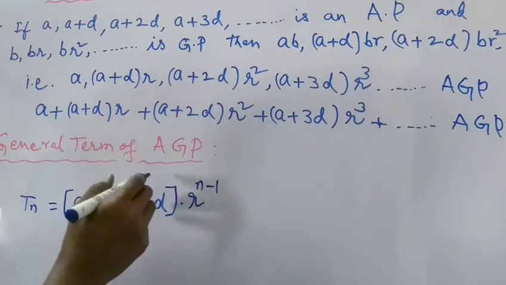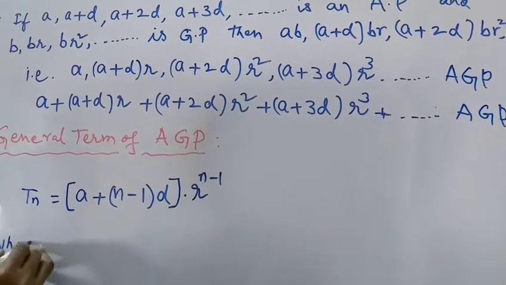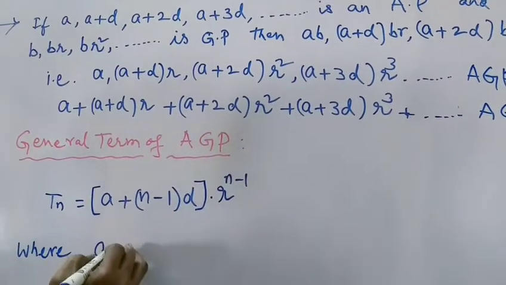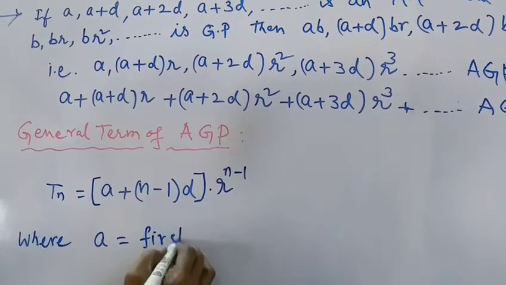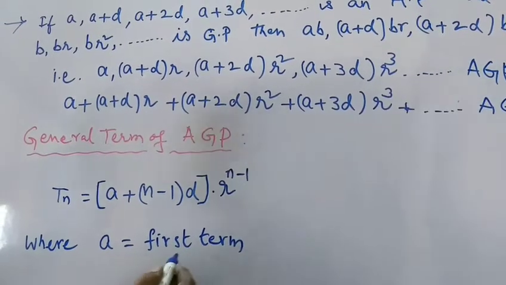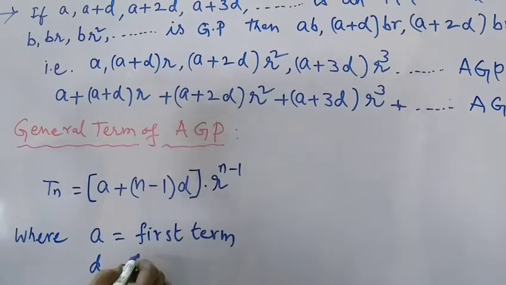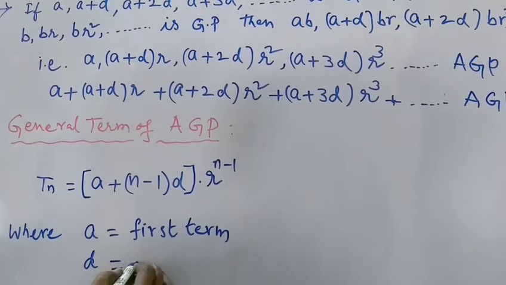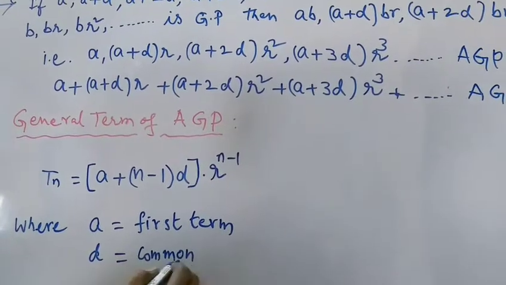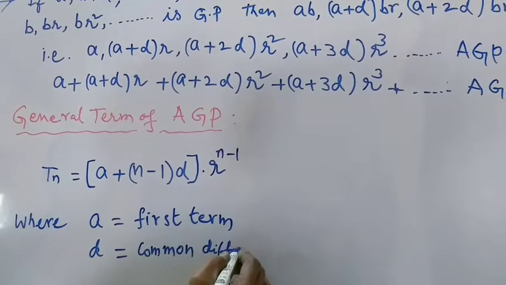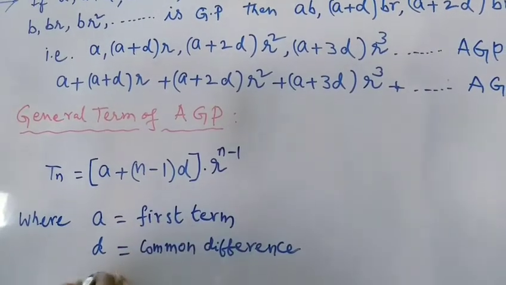This is the general term of an arithmetico-geometric progression, where a is the first term, d is the common difference, and r is the common ratio.